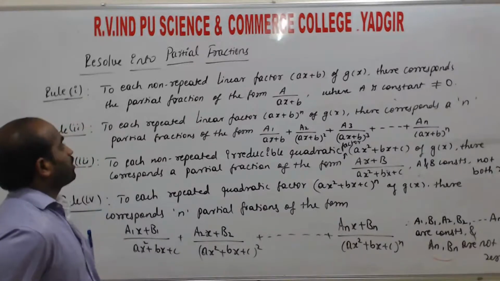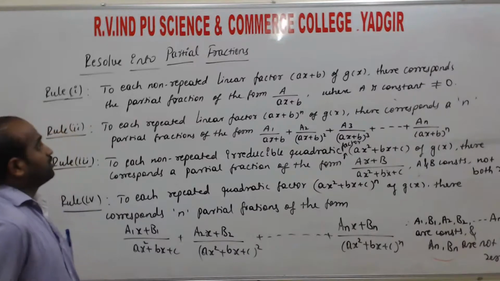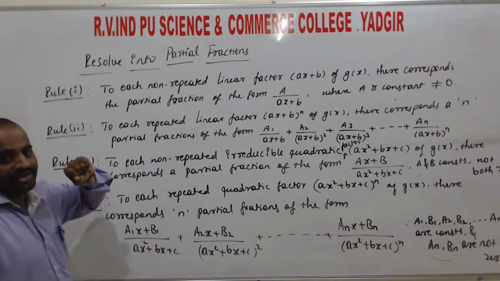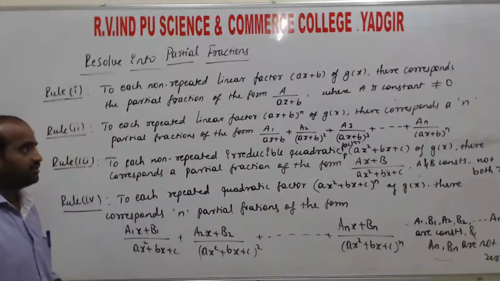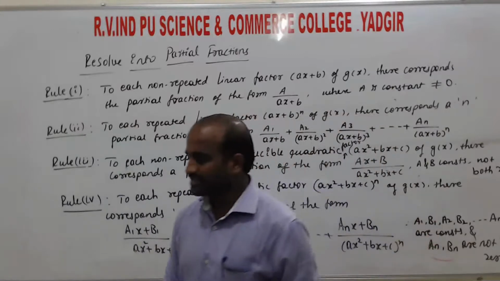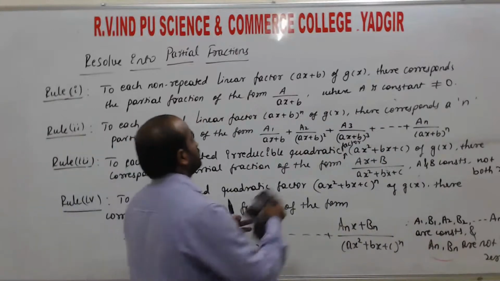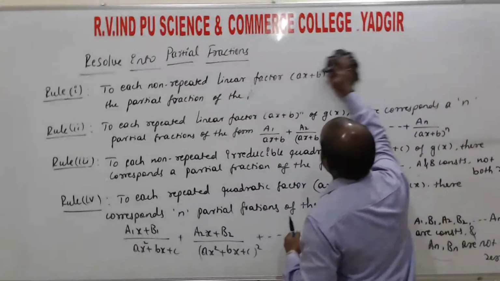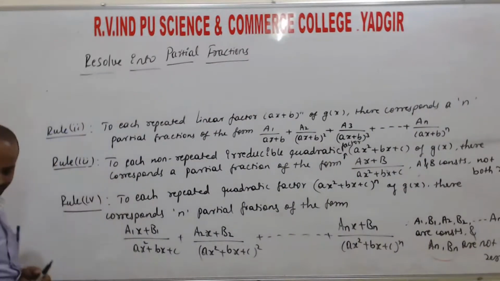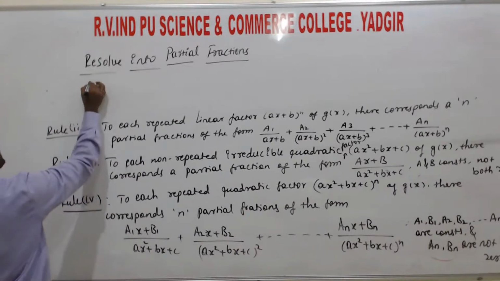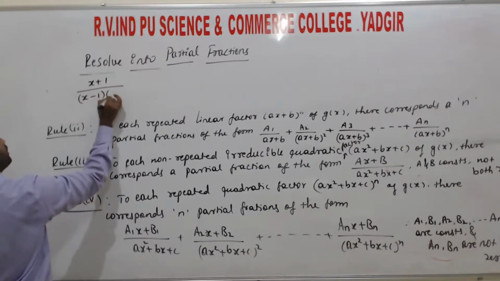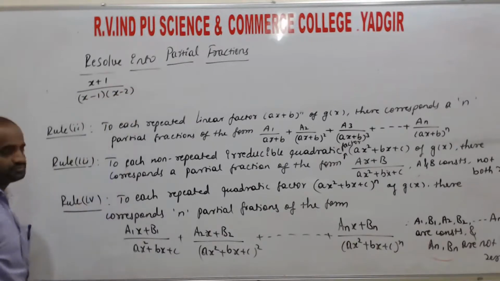Take any proper fraction. All denominators are of the form linear factor or quadratic factor. For example, the second one: (x plus 1) divided by (x minus 1)(x minus 2).